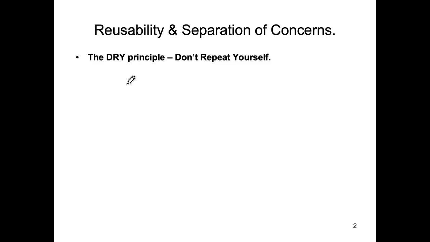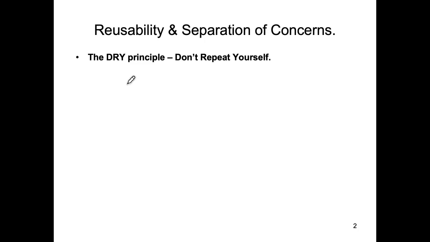Related to reusability and separation of concerns is the DRY principle, which stands for don't repeat yourself. Again, they're interlinked. We never like to have repeating code scattered across our application. If we see instances of the same kind of code being repeated more than once, then clearly the solution is to abstract or refactor that code into a unit or module of its own and reuse it wherever it needs to be reused.